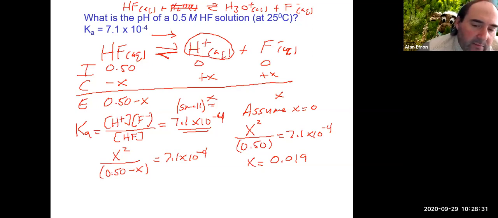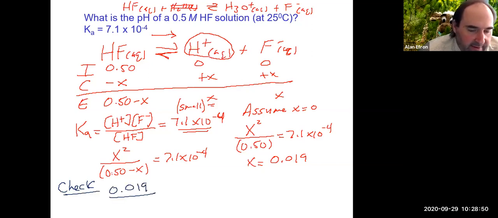Remember, though, that when we do make the assumption, we do need to check it to make sure it's okay. So to check it, we want to take the x value we just got, 0.019.